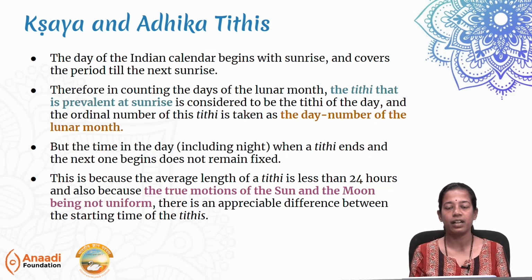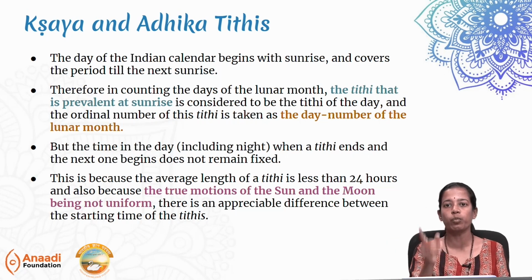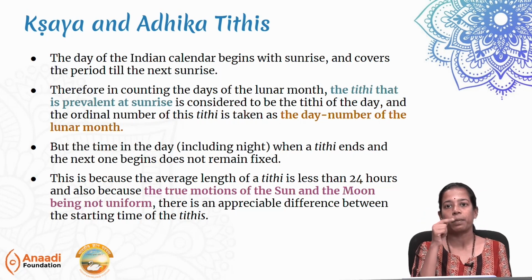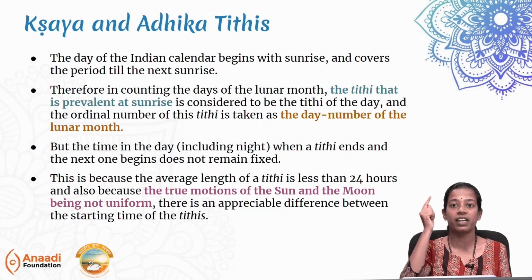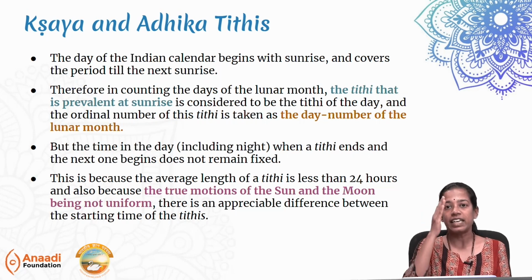For example, the Paksha is calculated anyway. We know whether it is Krishna Paksha or Shukla Paksha based on the phases of the moon. To identify which day it is in the lunar month, we mark the Tithi at the time of sunrise of that particular day. Also, each day will be numbered. The number is the ordinal number of the Tithi. What does this mean?